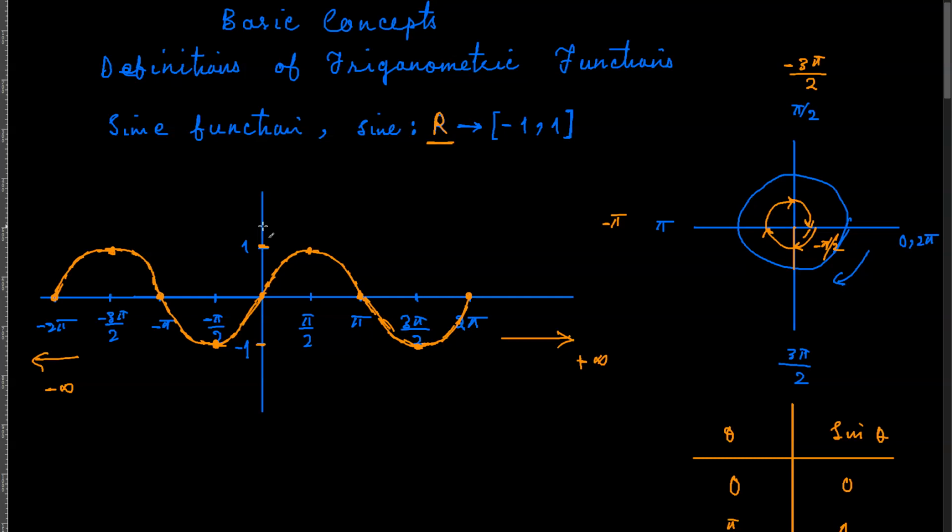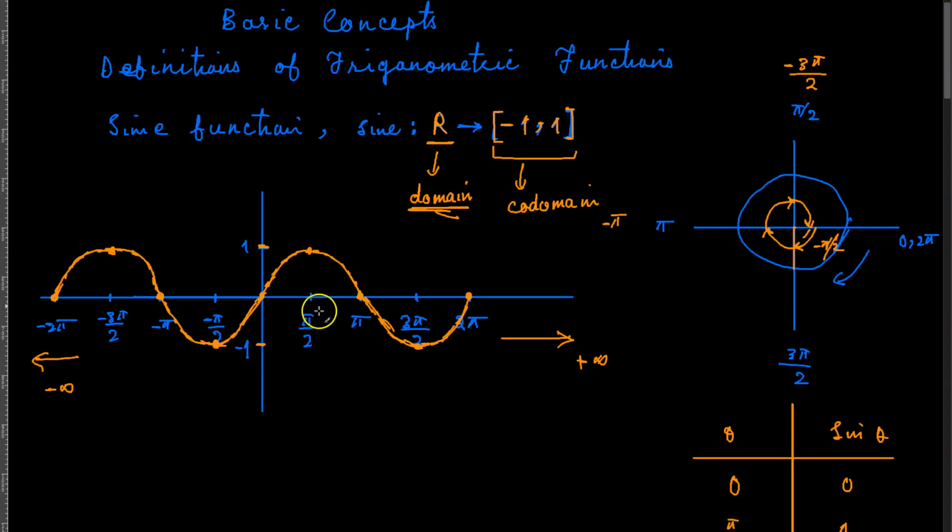It oscillates between -1 and 1. So the codomain is -1 to 1, and not the range. This is the domain of the function, right? So that is basically that.